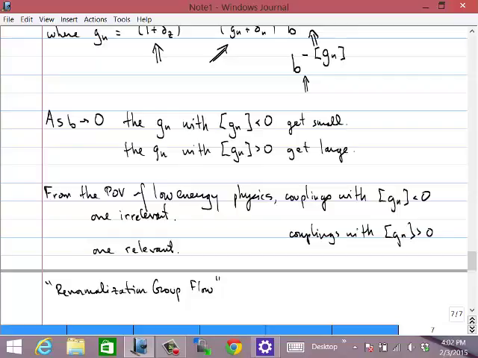This is especially important not just in particle physics, but in condensed matter physics. If you want to study the physics of some material at very low energy, a useful way to do that is to make some guess for what the basic degrees of freedom that are active for that system are, and then try and find an infrared fixed point of this renormalization group flow.